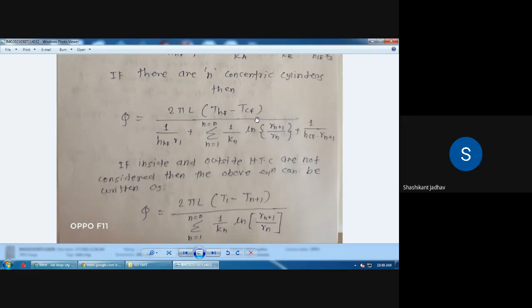If n layers are there, then Tn plus 1 is there. So according to that, we have to change the equation.